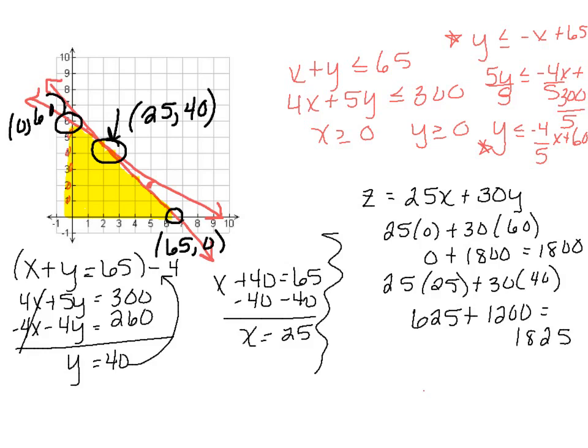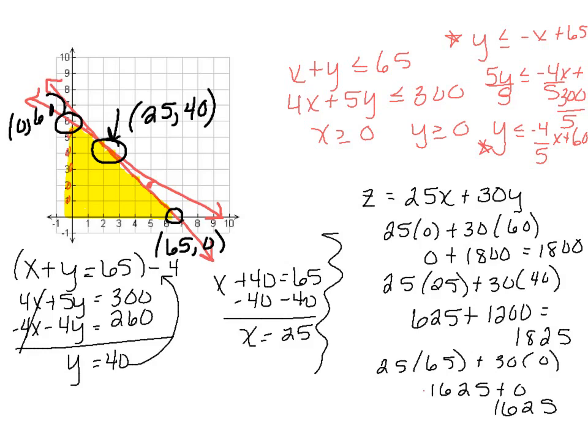And then the last one, we have 25 times 65 plus 30 times 0, which would just be 1,625 plus 0, so 1,625.